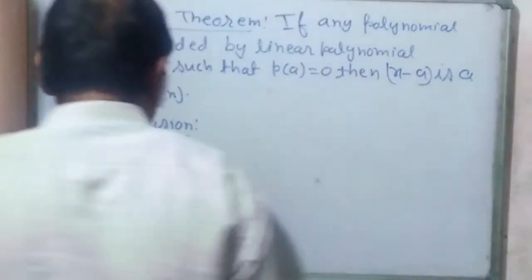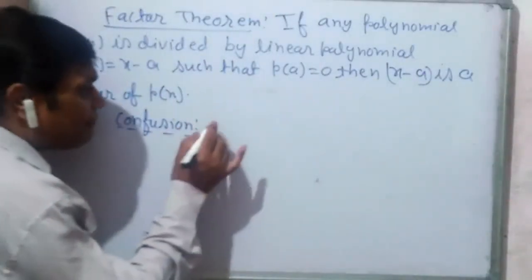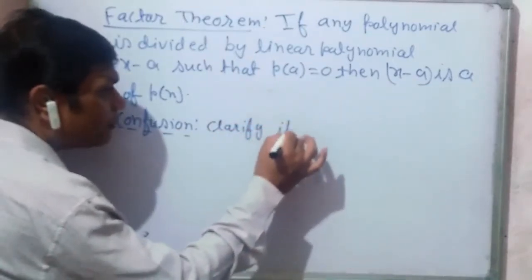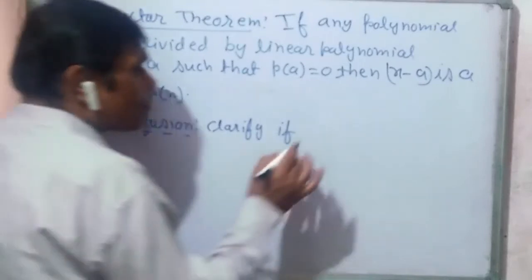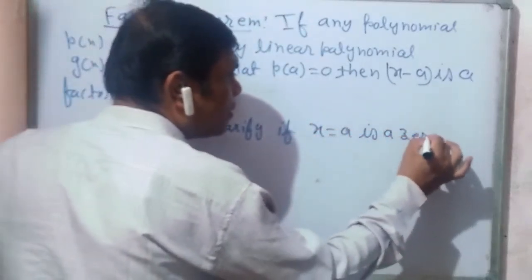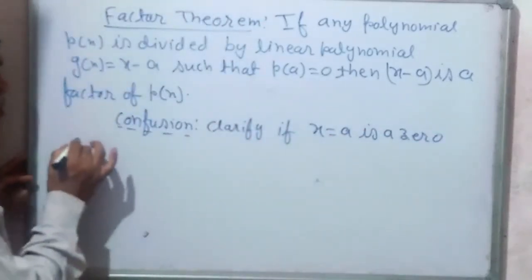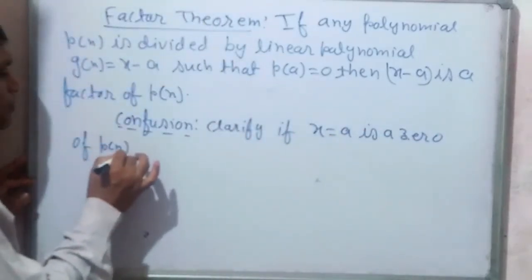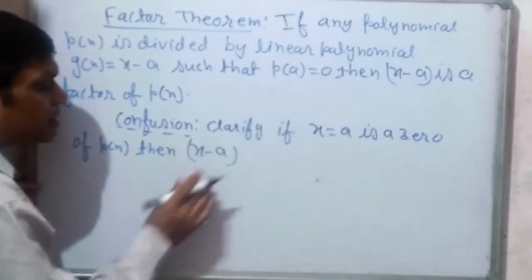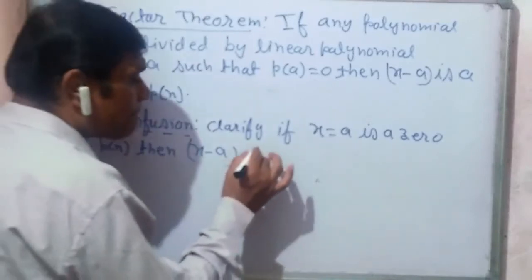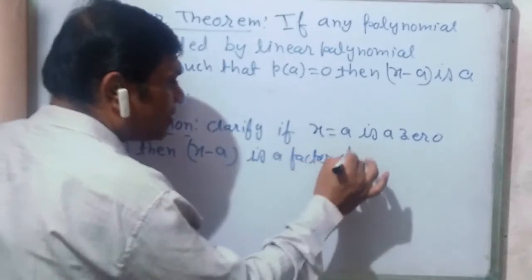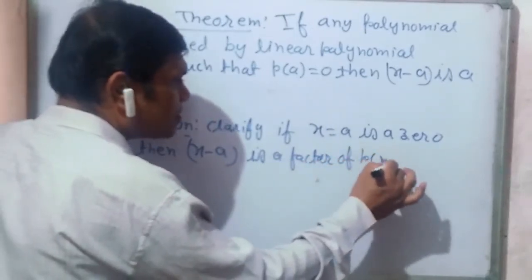So let me clarify this. If x equals a is a 0 of p(x), then x minus a is a factor of p(x).